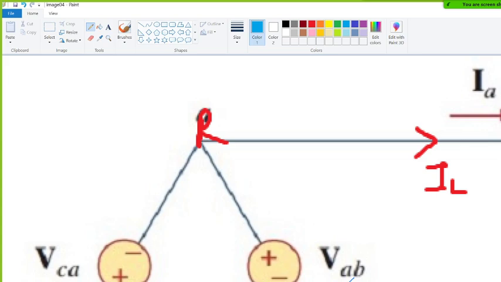So this is IL. It is better to write this as IR, IY, IB. The phase currents are IRY, IYB, IBR. So is it correct to say IL equal to IRY?